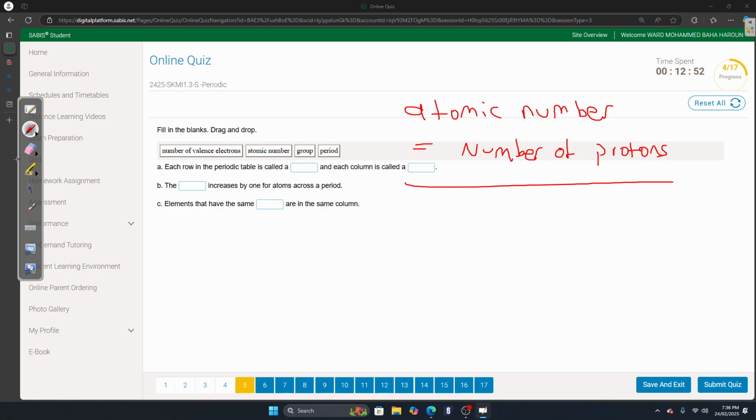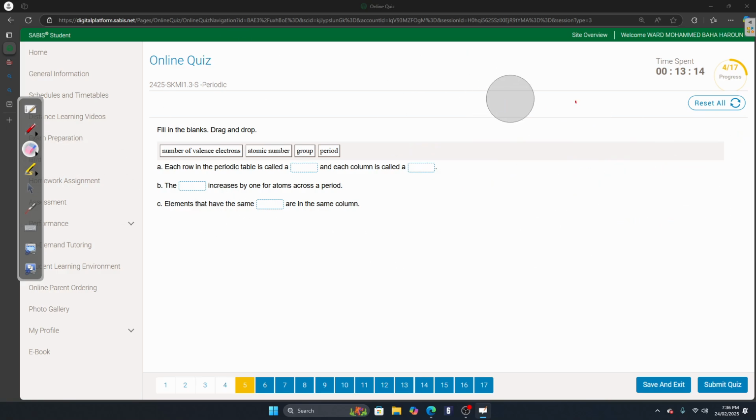Atomic number is equal to the number of protons found in the nucleus. Take a picture, please, if you want. Okay.